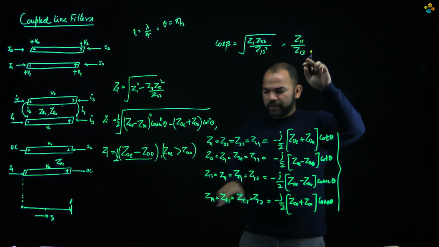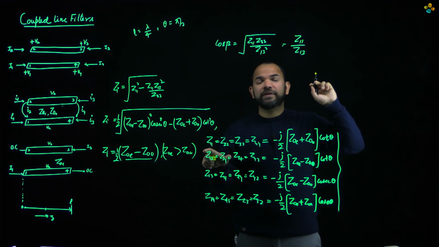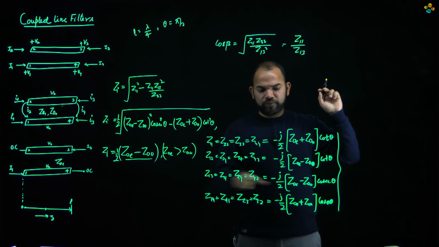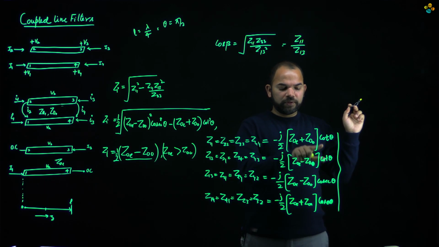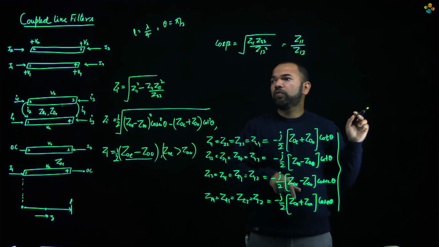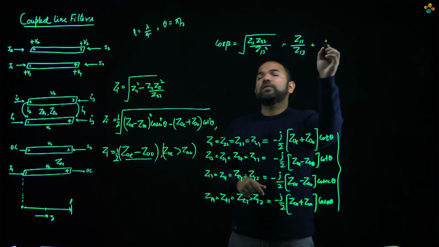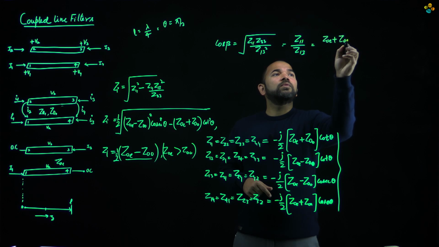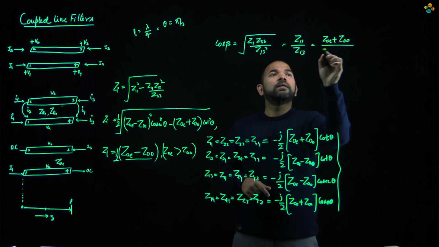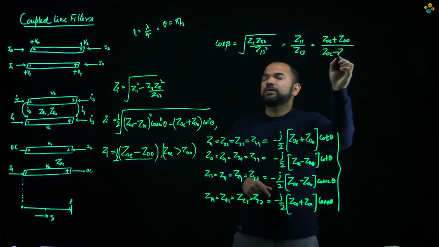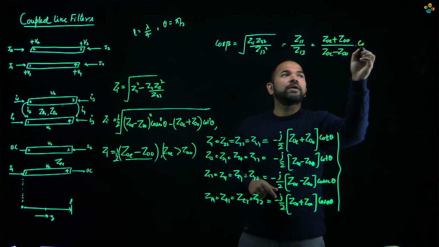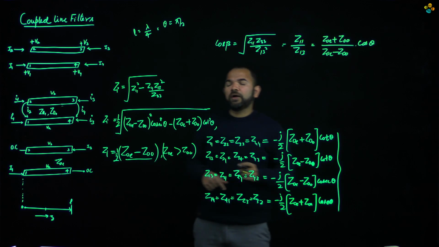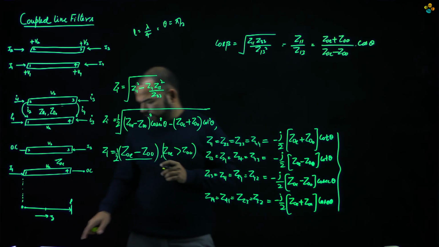If we want to put in these values, what is Z11? This is Z11, and Z13 is this. If we divide these, we get ZOE plus ZOO divided by ZOE minus ZOO, multiplied by cos of theta. So now we have cos of beta.